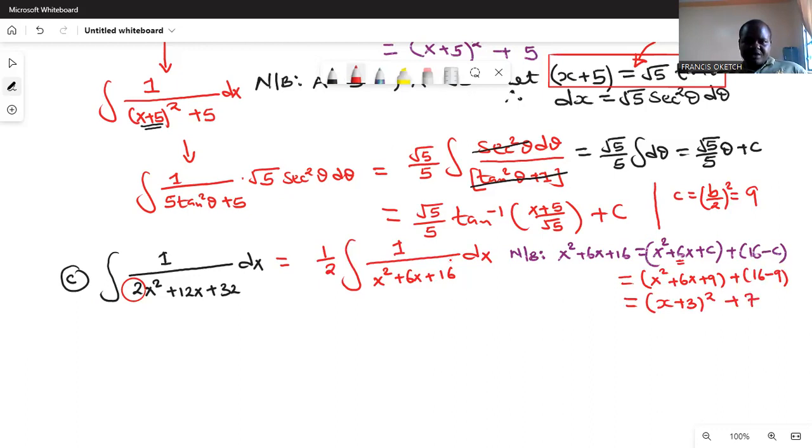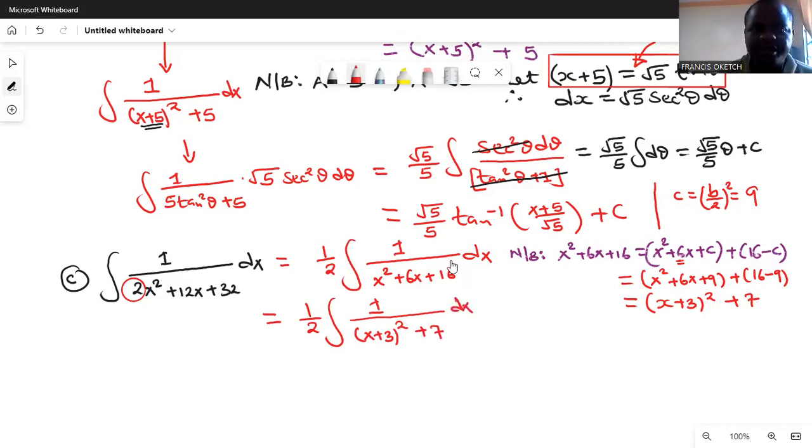So our integral can now be written as 1 over 2 times the integral of 1 over x plus 3, squared, plus 7, dx. So what substitution do you make?